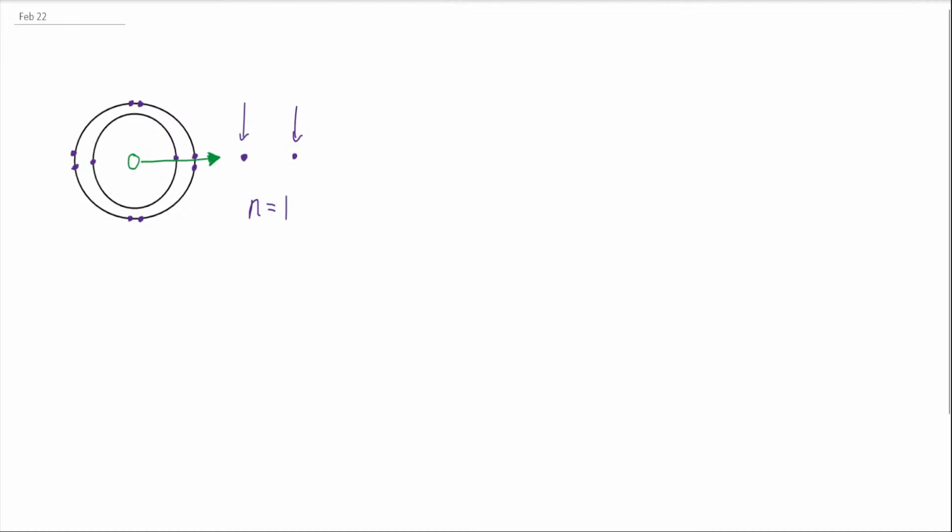The nucleus is a positive charge, right? So that is a positive charge. That is a negative charge. And if we're going to bring a negative away from a positive, is that going to take energy or is that going to give us energy? It's going to require the investment of energy, right?